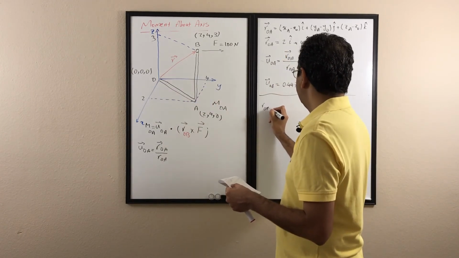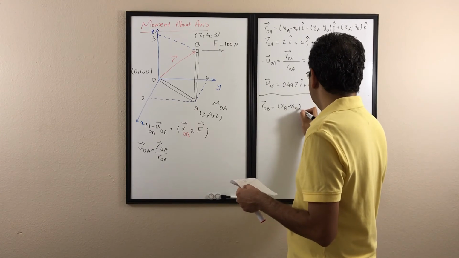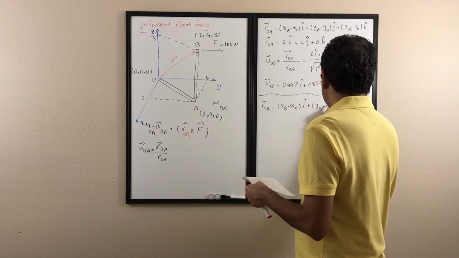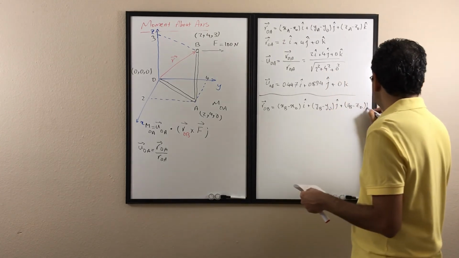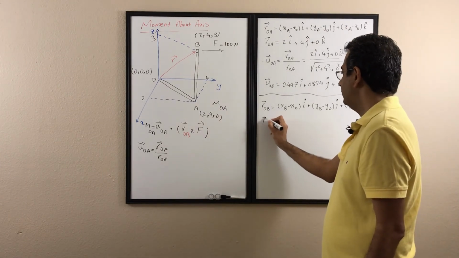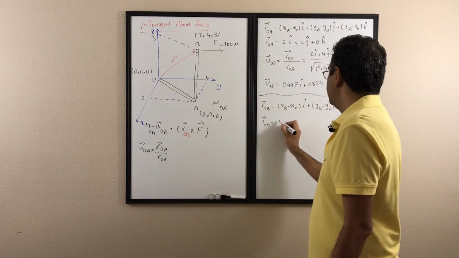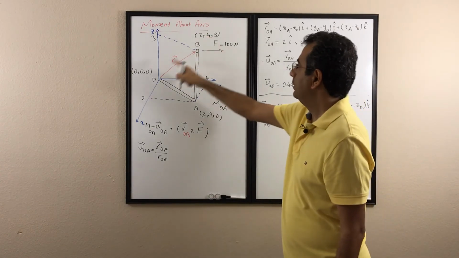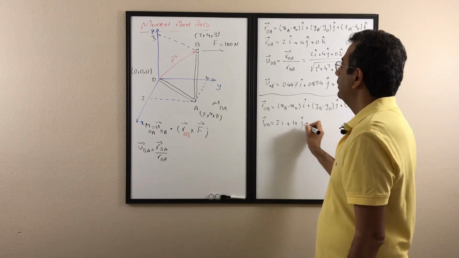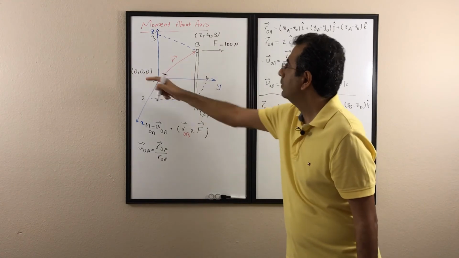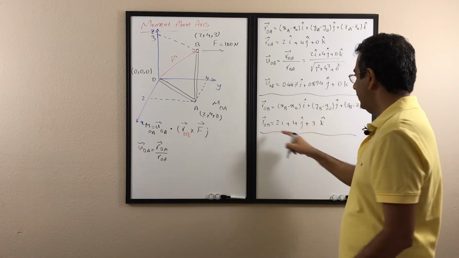The ROB is XB minus XO I plus YB minus YO J plus ZB minus ZO K. If I substitute, XB minus XO is going to be 2I, YB minus YO is going to be 4J, and ZB minus ZO is going to be 3K. So this is the ROB.